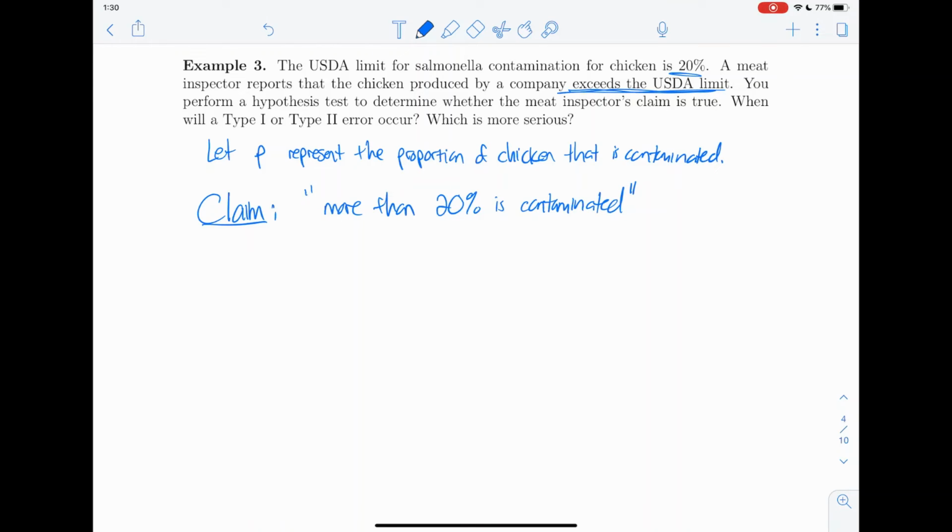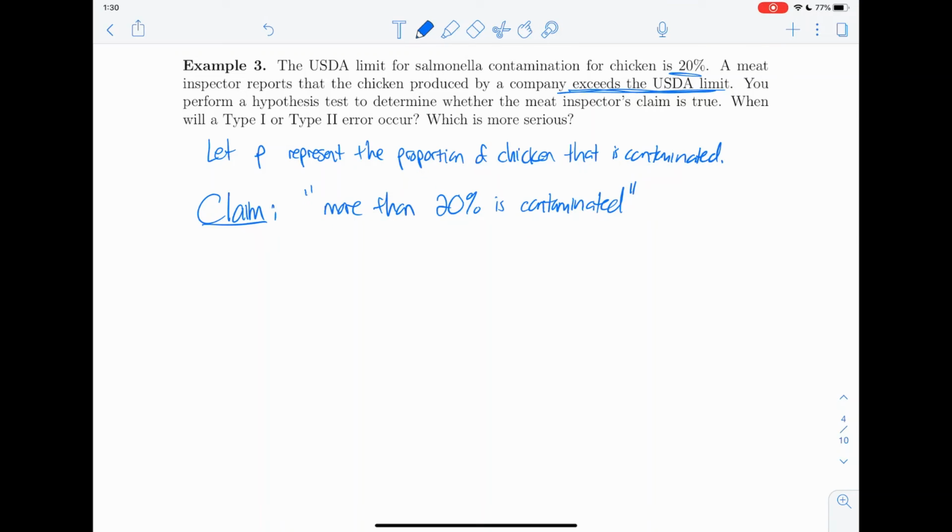What we'd like to do is perform a hypothesis test to determine whether the meat inspector's claim is true. The minute I read this English paragraph and start mathematizing it, I've come up with the appropriate letter, P, of course, because I read the word proportion. The claim is that more than 20% is contaminated.